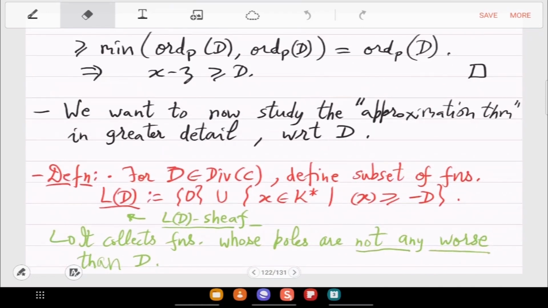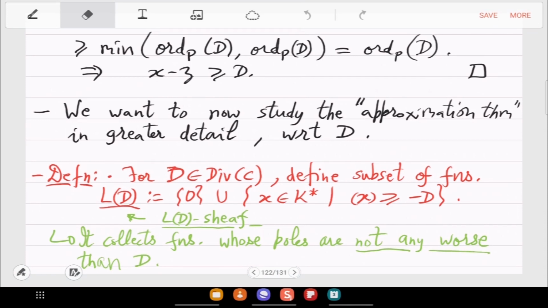Then we define this LD sheaf, which is all those rational functions whose divisor is at least minus d. So this is how we will quantify now. We will actually study the approximation theorem in greater detail via this sheaf. This single definition will produce a large amount of theory, which is very important in the whole of maths.